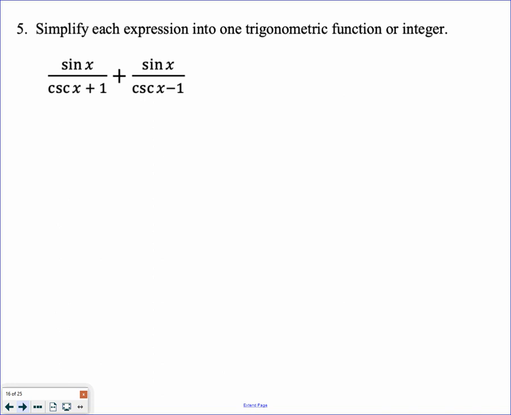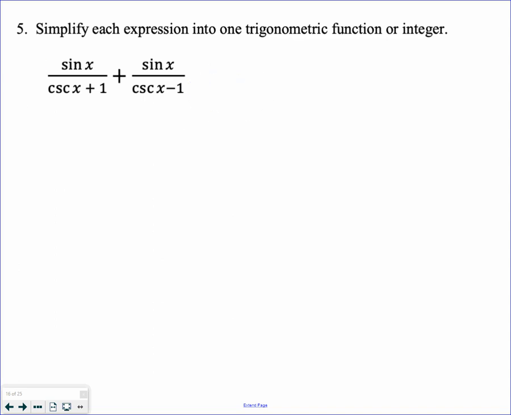Oh boy. I see a binomial in the bottom, and the binomial is not a Pythagorean. So I'm going to multiply by the conjugate. I'm going to try this again, start over. I'm going to multiply by the conjugate.